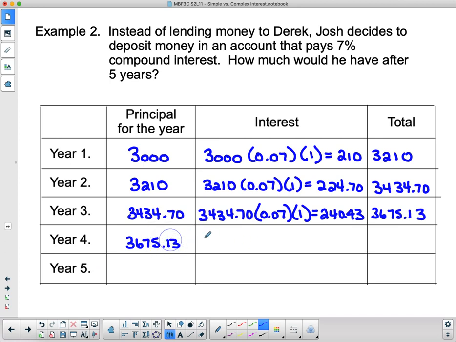$3,675.13 times 0.07. Again, it's only 1 year.